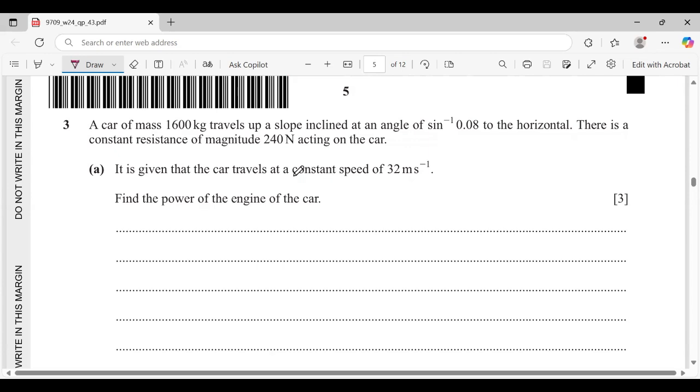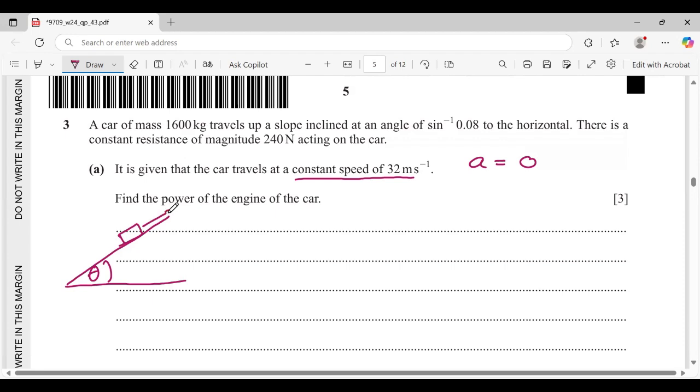According to this information, the constant speed, 32 meters per second, means the car has no acceleration. So we can state that acceleration in this case is 0. Now I would like to sketch the car condition, theta, and this is the car. So there are several forces acting on this car.